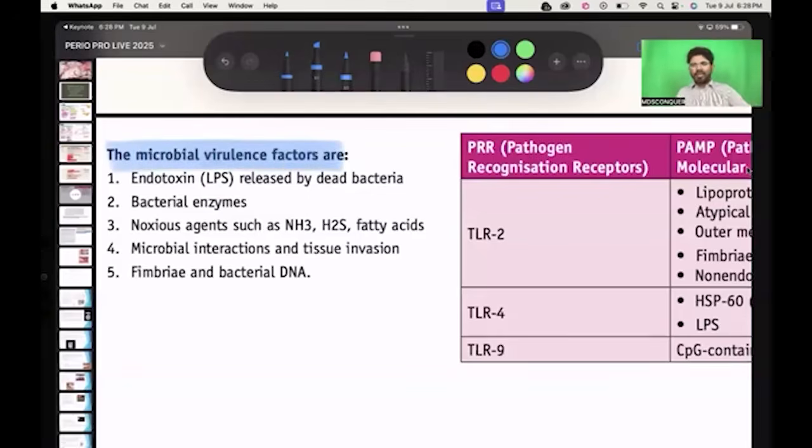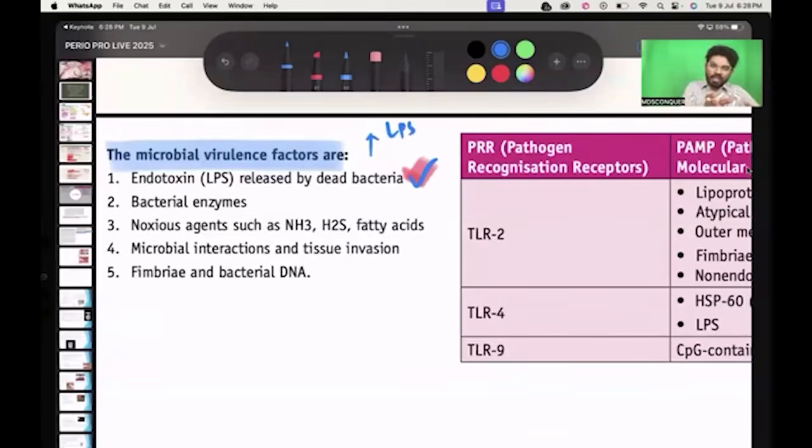This is a main topic in microbiology, but as of now, we'll try to understand a few important areas related to perio. These are the virulency properties of organisms, meaning these organisms do something which makes them unique. The first one is endotoxins. Endotoxin is released by bacteria which contain lipopolysaccharides, LPS, in their wall.